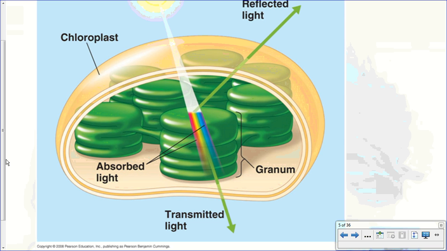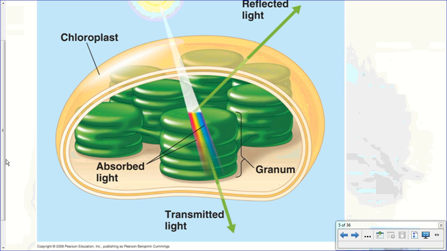Within the chloroplast, within the thylakoid discs that we see colored green in this picture, there are a number of different plant pigments. The primary plant pigments, as we will see, are chlorophyll pigments. What these chlorophyll pigments do is absorb light energy.